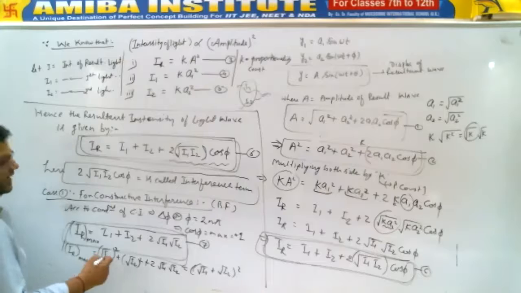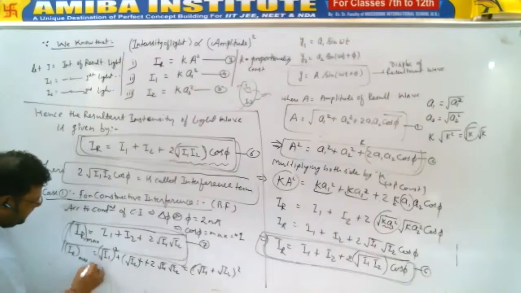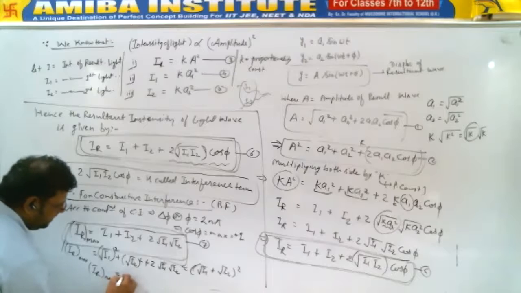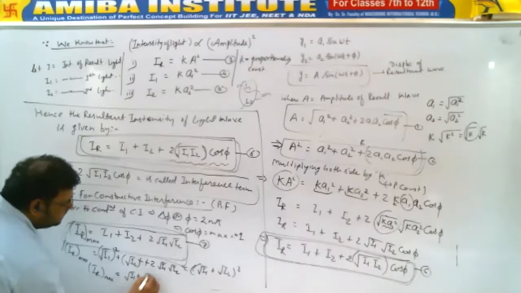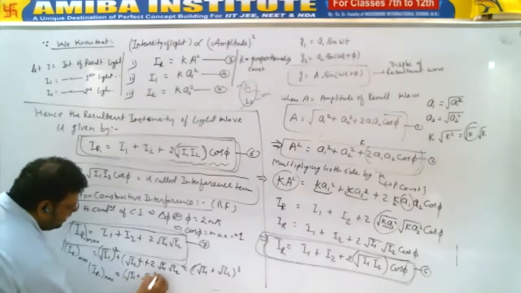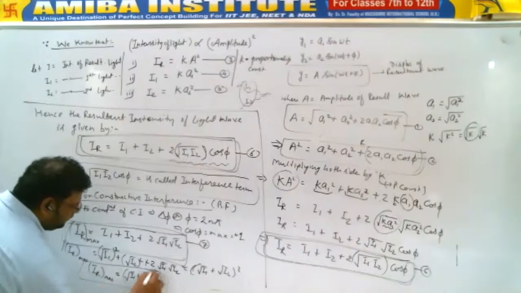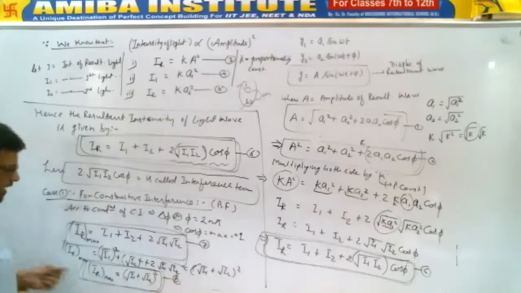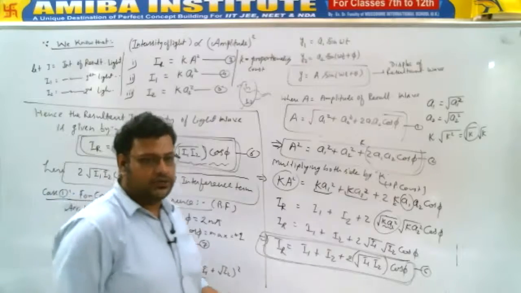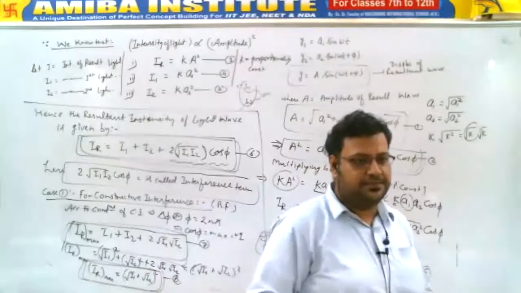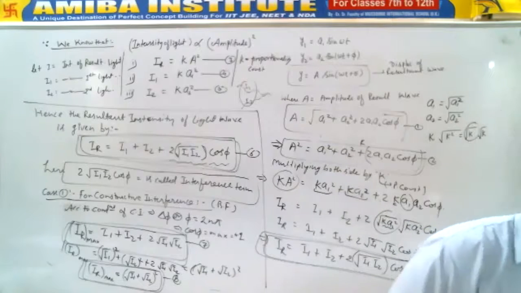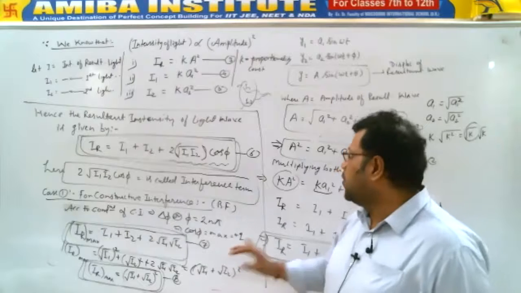In the next line I am writing: maximum resultant intensity of the light is given by under root I1 plus under root I2 whole square. Please do not write the answer as under root I1 square plus under root I2 square, right? It will simply be I1 plus I2 then. This is under root I1 plus under root I2 whole square.